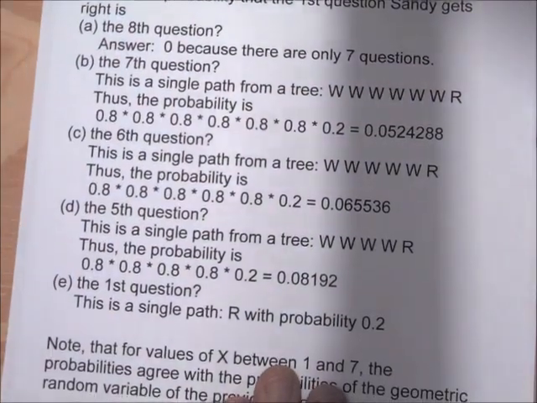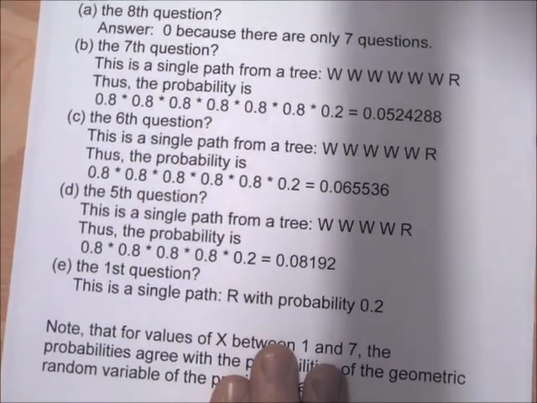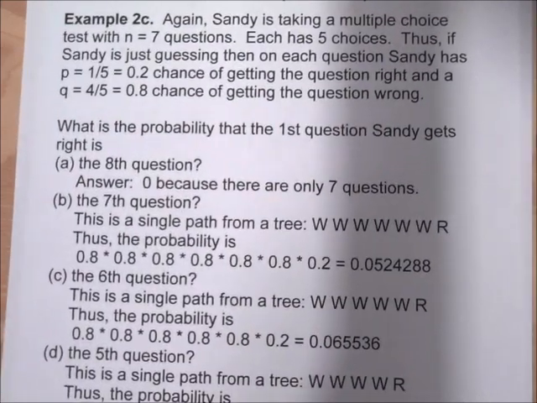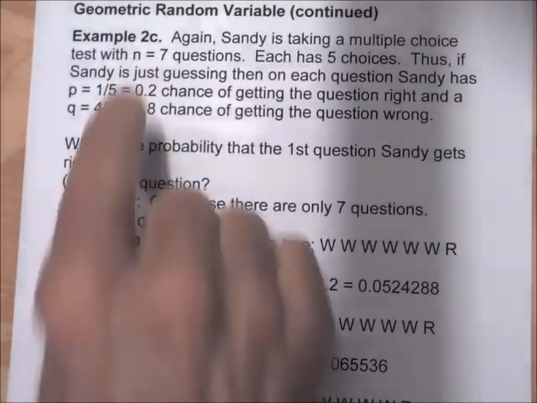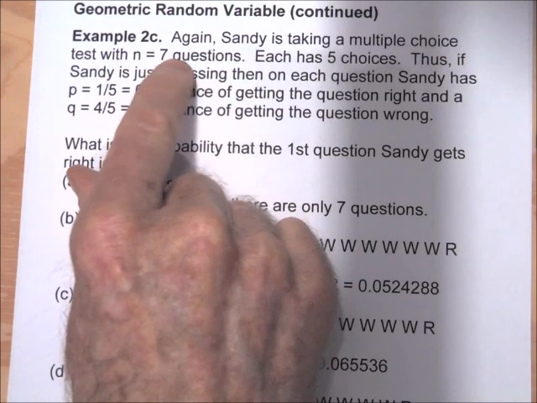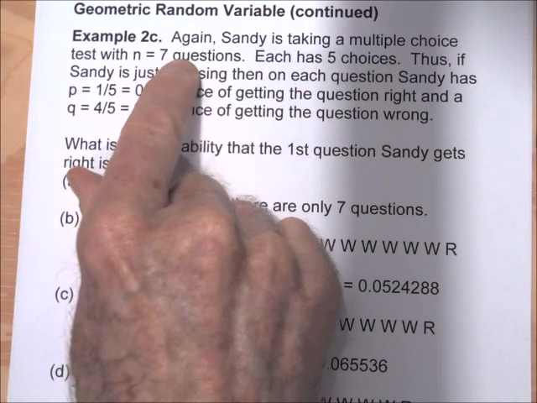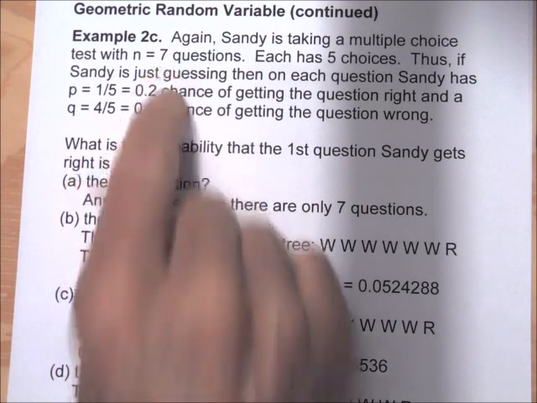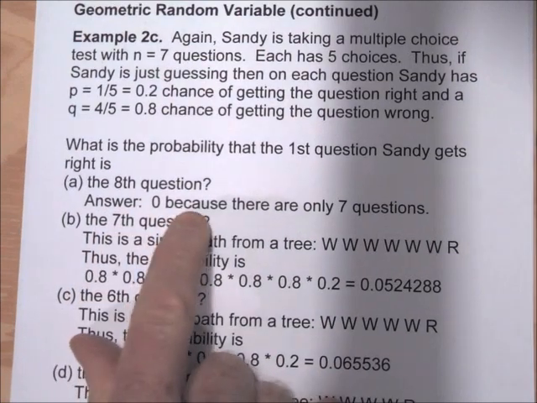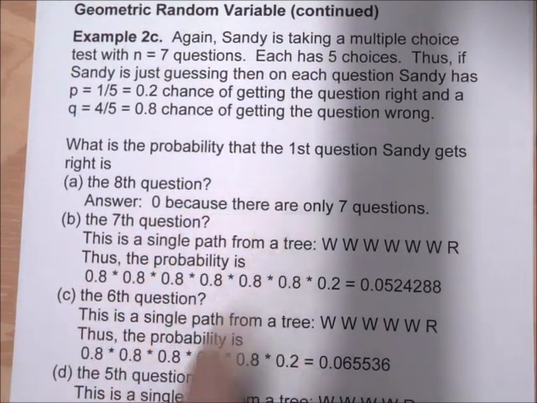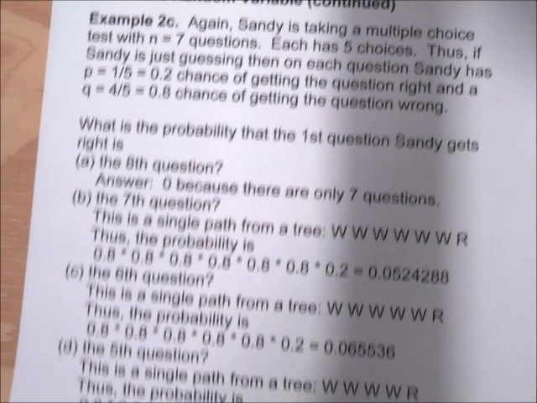This test only has 7 questions. So for values of x from 1 through 7, it's the same probabilities as the geometric probability, and for the higher values, it's just going to be probability 0. It's no longer the same as geometric.